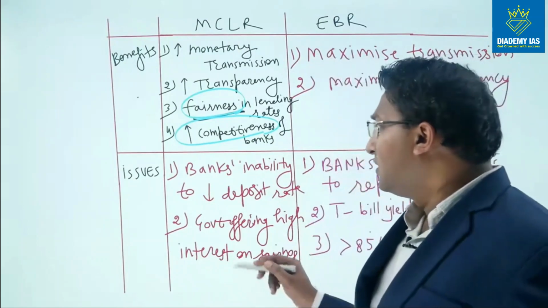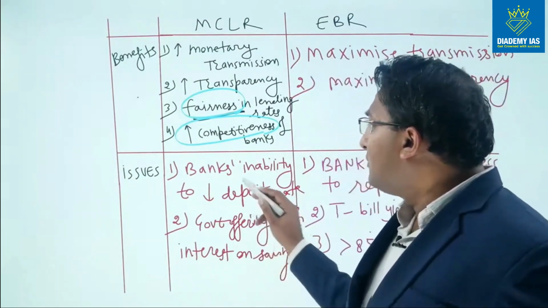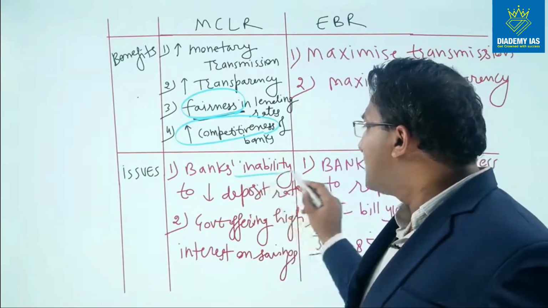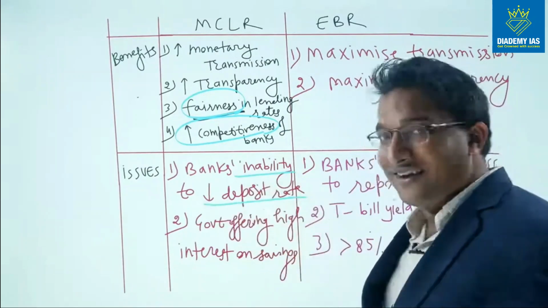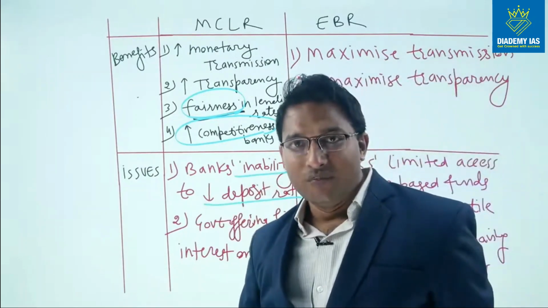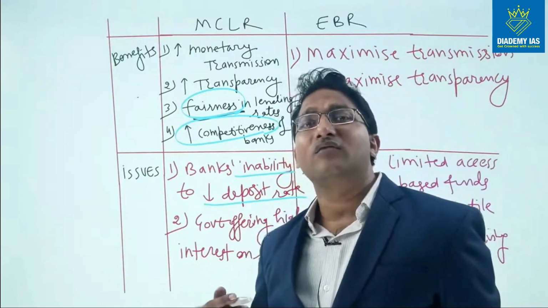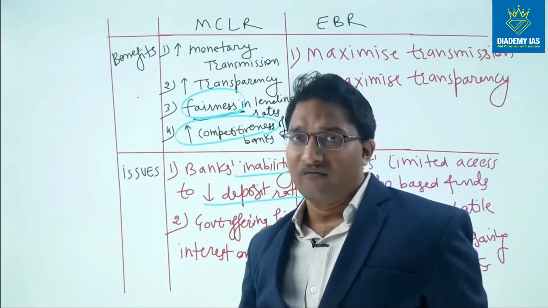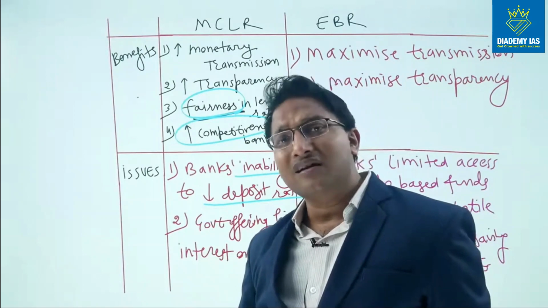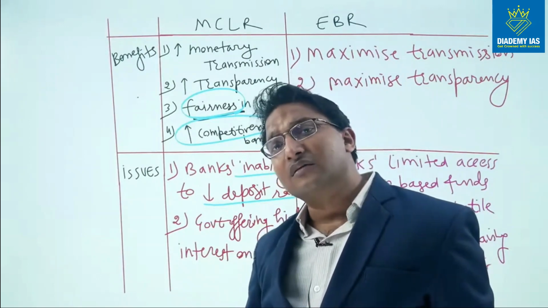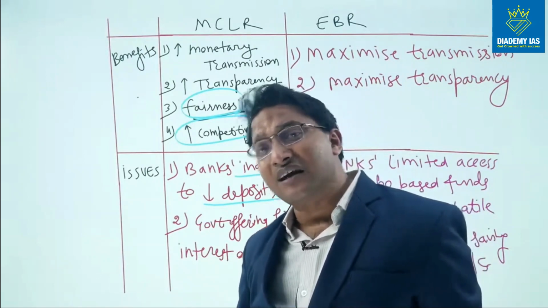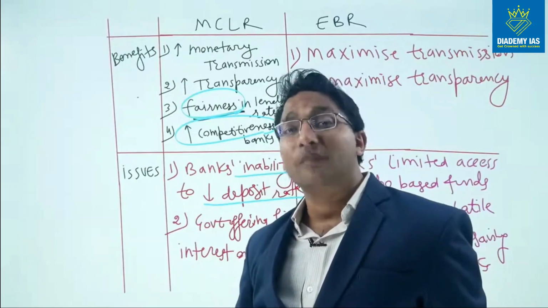What are the issues? The issues are banks are not able to decrease the deposit rate of interest, because again there is a lot of competition the banks are facing. So to maintain themselves in the race, they cannot decrease the deposit rate.